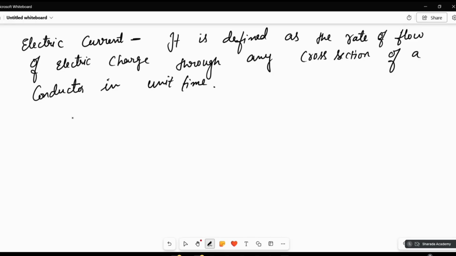Current, the symbol we use is I, that is charge per time. So I equals N into E by T. Write down N into E by T.